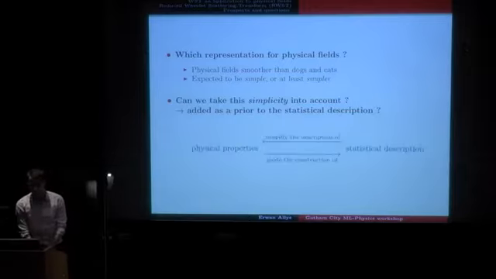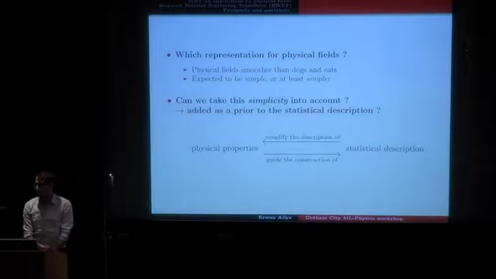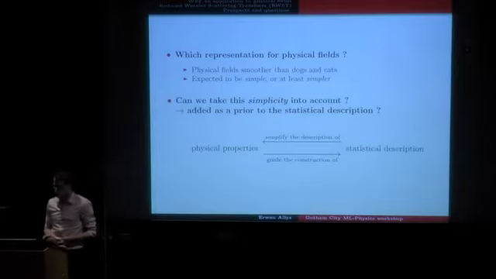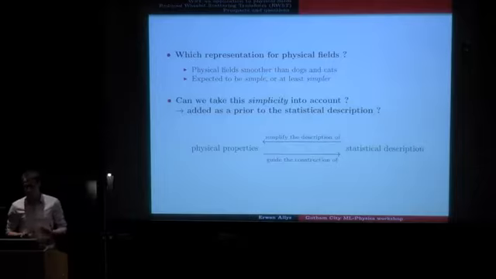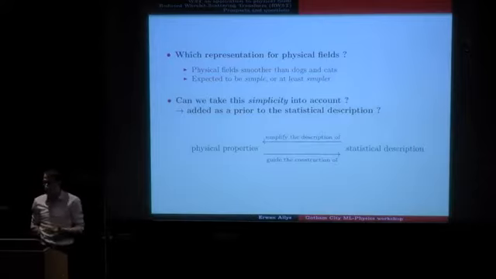And the main thing we want to keep in mind is that maybe we cannot describe exactly what these physical fields are, but we know which kind of physical properties we want to describe. And these physical properties should guide the construction of the statistical description, which means that maybe encoding the prior in the description is to have a statistical description for which all the physical properties are easily readable.